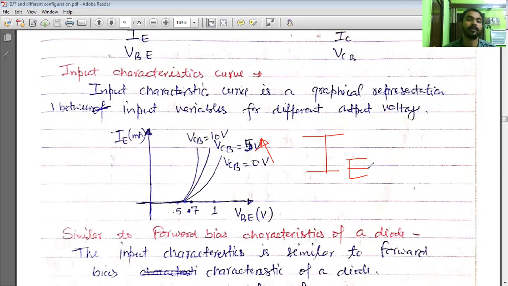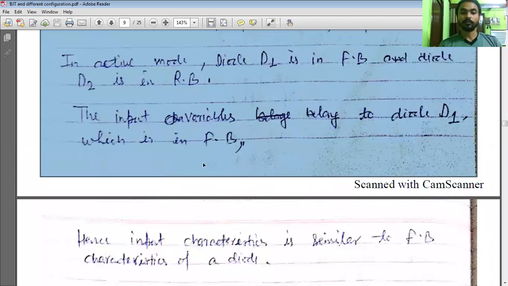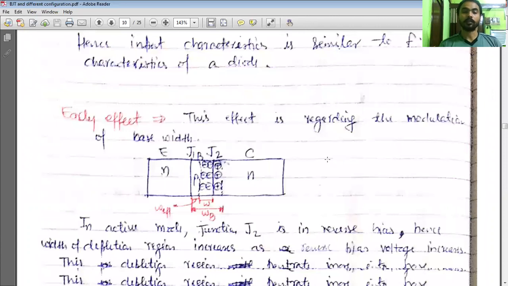So now see that for a given output voltage, at 0 volt I have this much input current, and I have this much input current for 5 volts. See that IE has increased, and that is because less recombination happens in the base region. This is clear already. I hope you have understood this. If you have any confusion or doubt, ask me in the comment section.